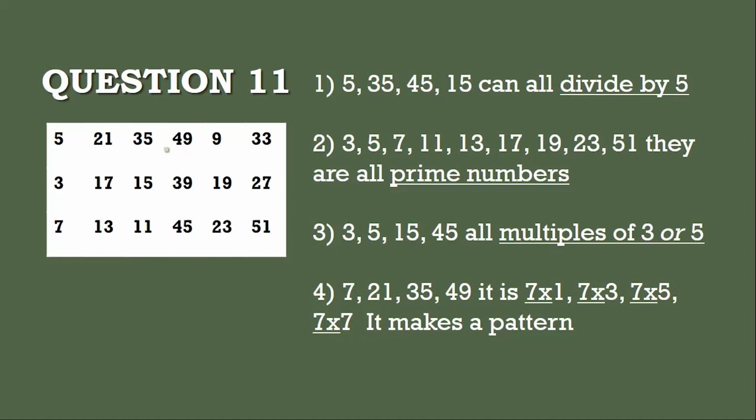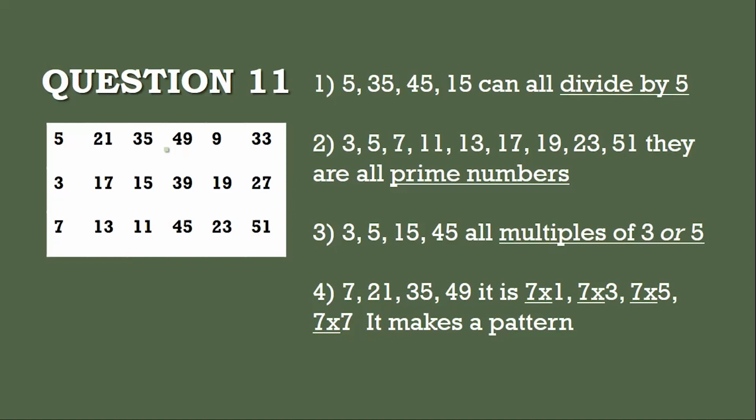Test them all. Number 4, this one said, I chose 7, 21, 35, and 49 because the first one is 7 times 1, then 7 times 3, 7 times 5, 7 times 7.